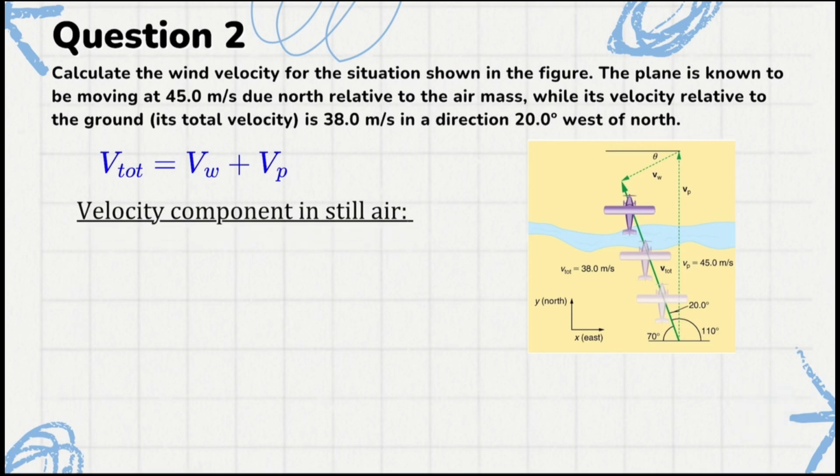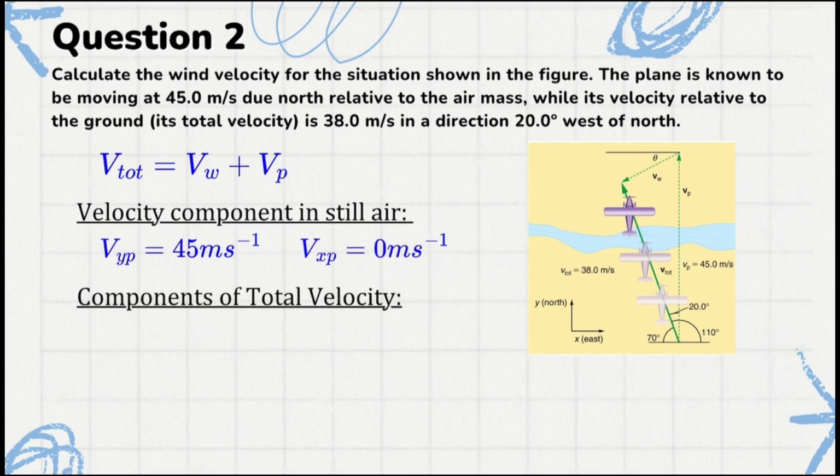First of all, for the velocity component in still air Vp, since the plane is only heading north at 45 meters per second and there is no horizontal movement, Vyp equals 45 meters per second and Vxp equals 0.